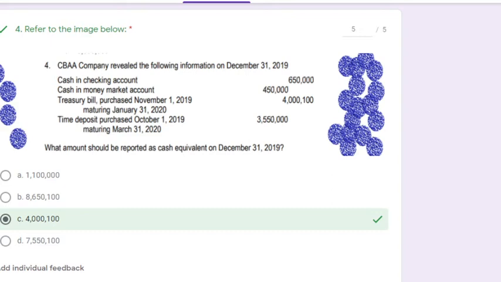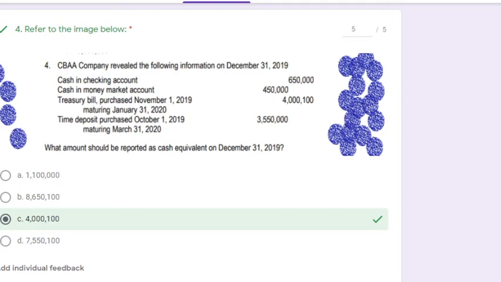Sa treasury bill, binili siya November 1, 2019, maturing on January 31, 2020. So, bilangin mo, November is 1 month, December is 1 month, January 31 is 1 month. So, 3 months siya. So, 4,100,000 is a cash equivalent. So, okay ka na dyan.